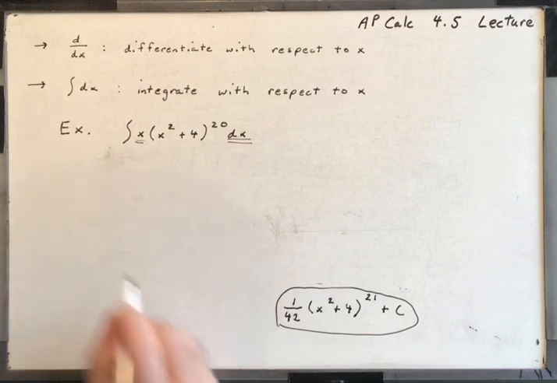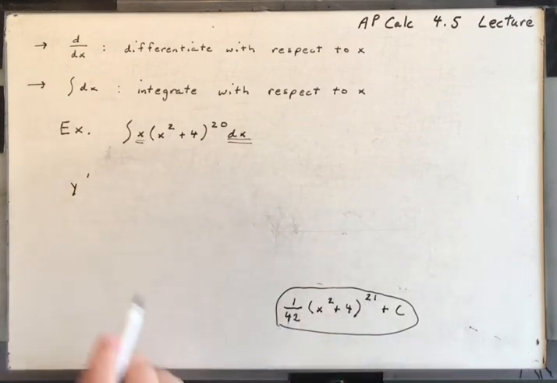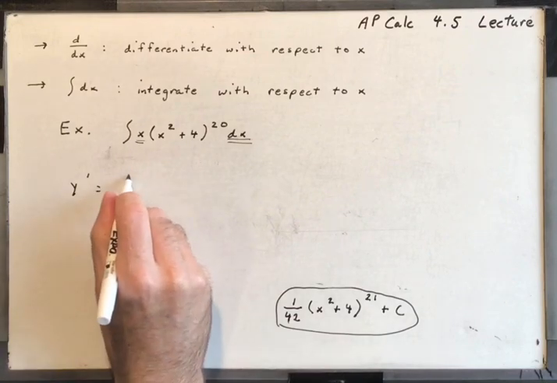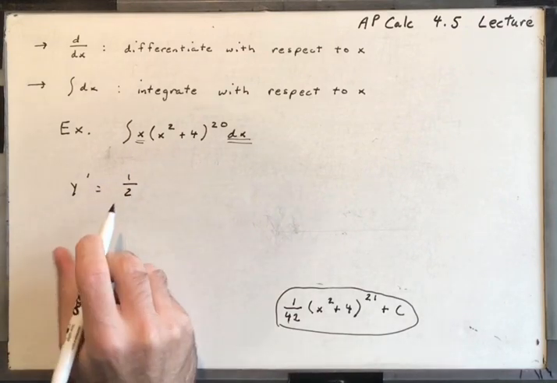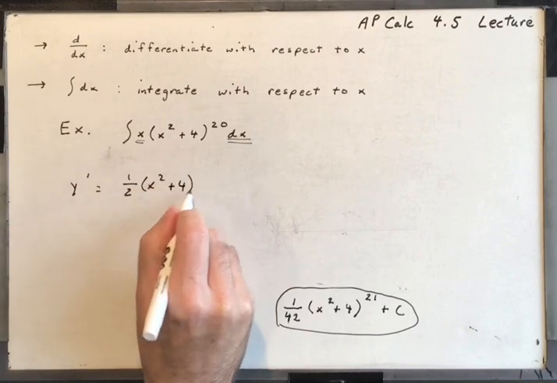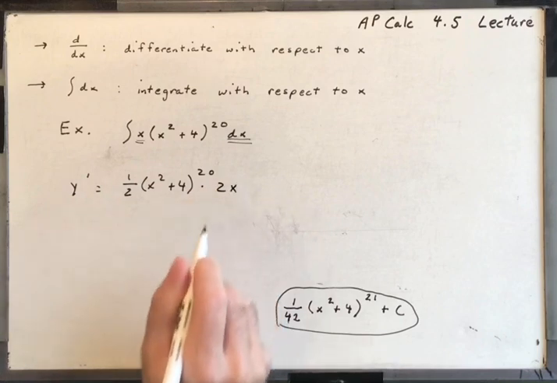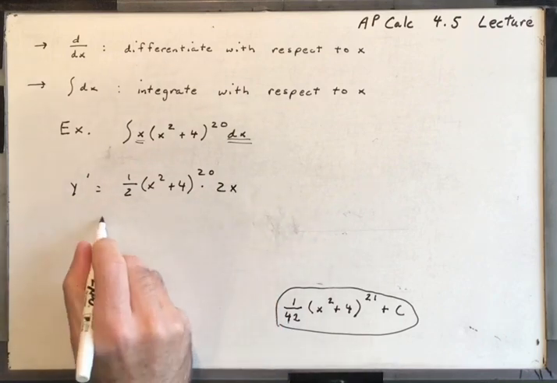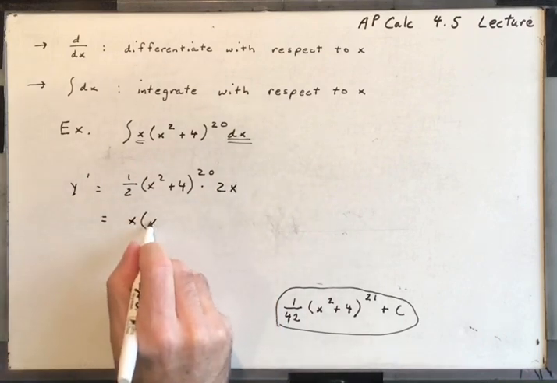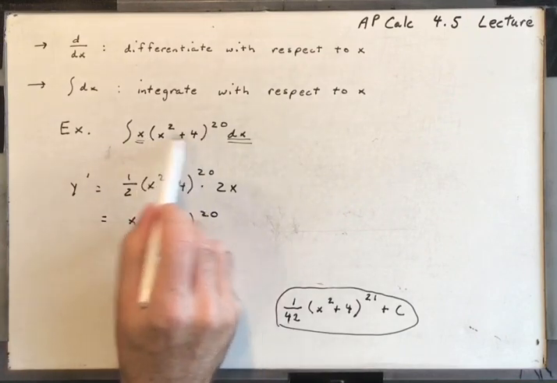So the derivative of this would be 21 times 1/42, so that'd be 1/2. 21/42, x squared plus 4 to the 20th times the derivative of the block, so times 2x. What happens to the 2 and the 1/2? It goes away, so you have x squared plus 4 to the 20th. There you go. We checked it.